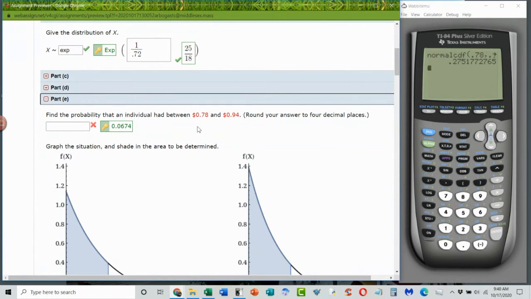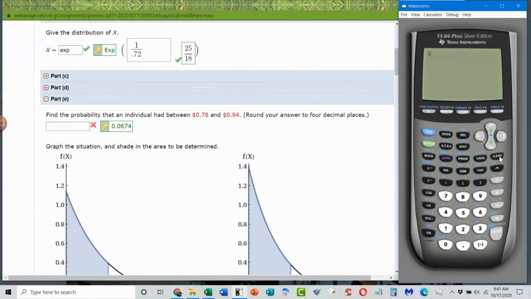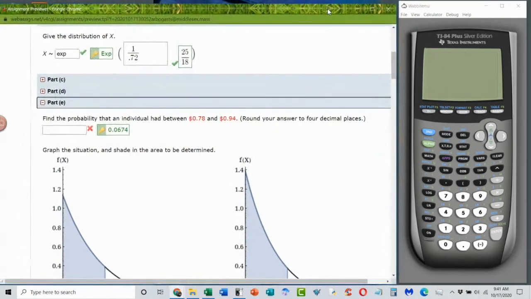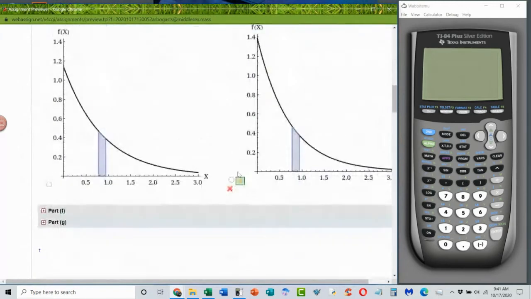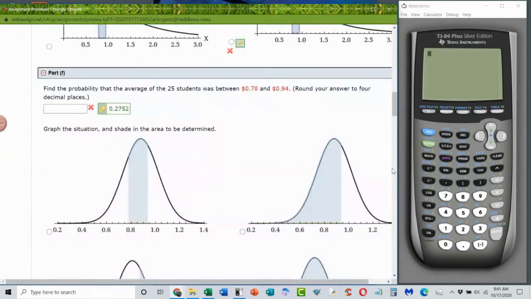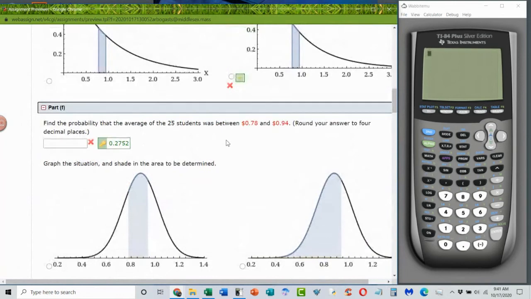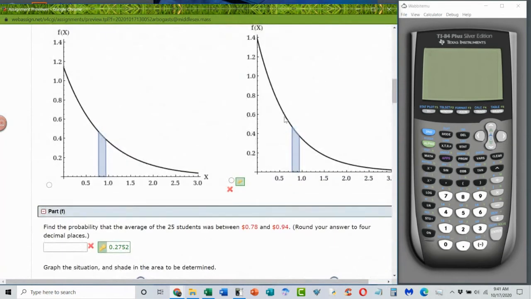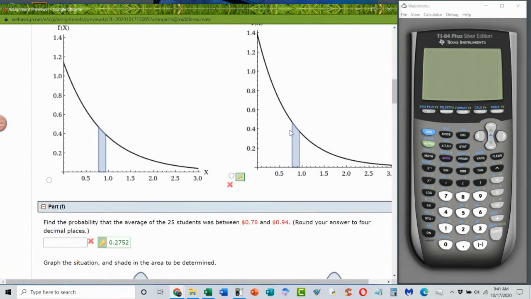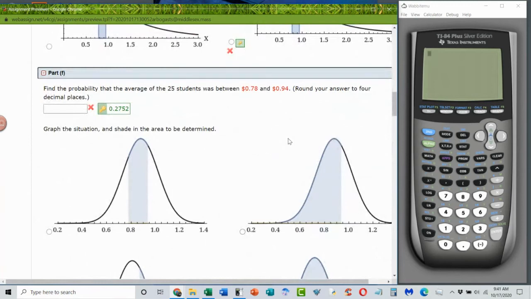So the easiest suggestion is you can skip it. Because it's not on the test, it's not something that I want you to know. I want you to know this one. I want you to know F. Like I said, the only reason I like this problem is because it shows how most statistics classes take a normal distribution and then take the averages of it.